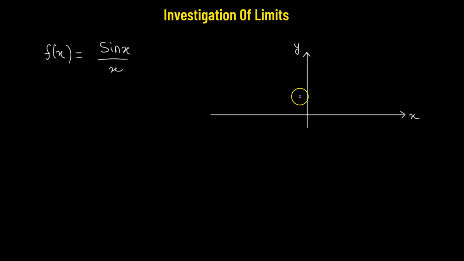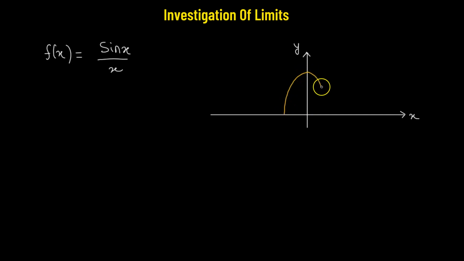Suppose we have a function given by f of x equals sine x over x. So we'll try to graph this particular function. This is not exactly sine x, but this is going to have an oscillatory nature.